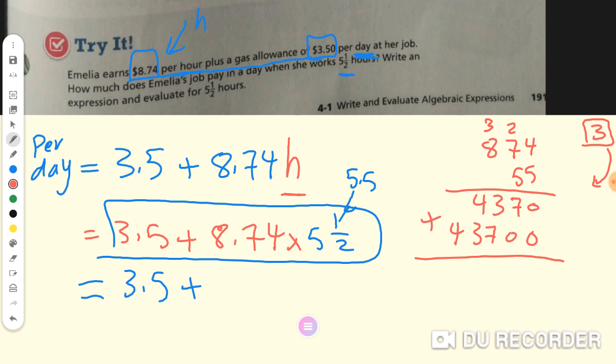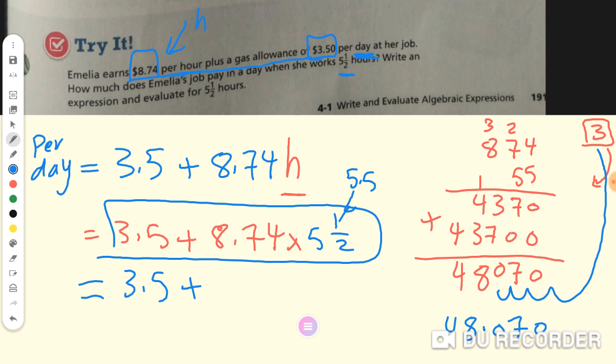Add: 0, 7, 0, and carry 1, 1 plus 4, 5 plus 3, 8, and put 4. Return back the 3 points, please. So it's 1, 2, 3. So it will be 48.070.